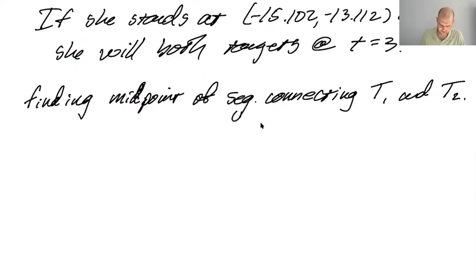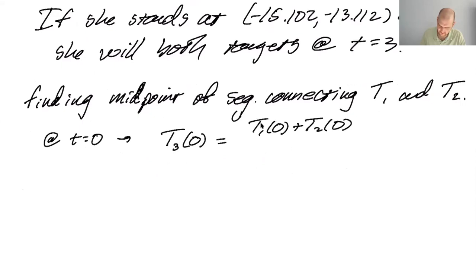All right. So at T equals 0, T3 of 0 will just be T1 of 0 plus T2 of 0, and then divide by 2.